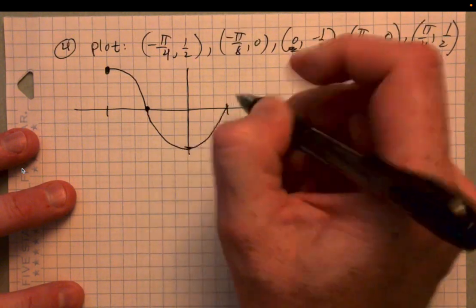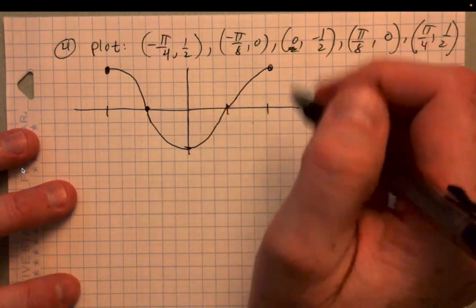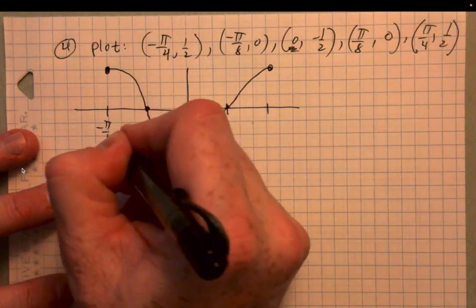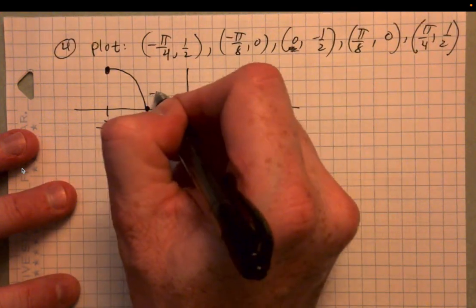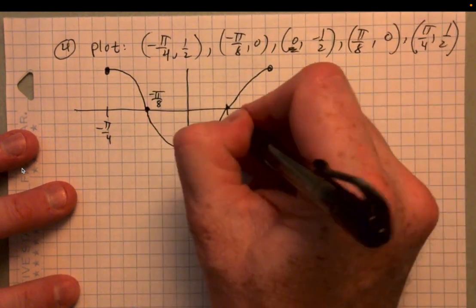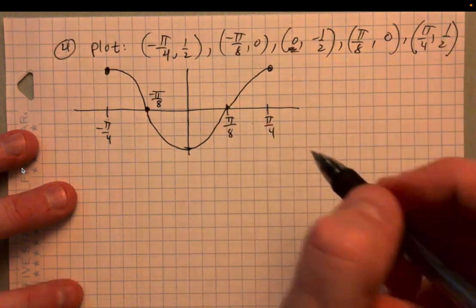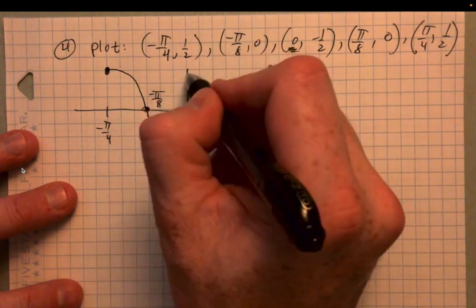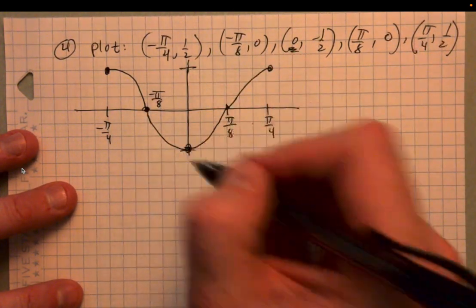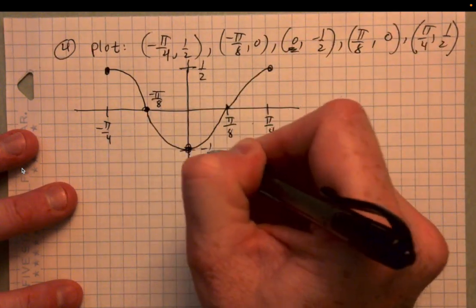And then it comes back up, and then it's back at the top. So this is negative pi over 4. This is negative pi over 8. This is, of course, 0. This is pi over 8, and this is pi over 4. And I should probably label the axis as well. This is 1/2, and this is negative 1/2.